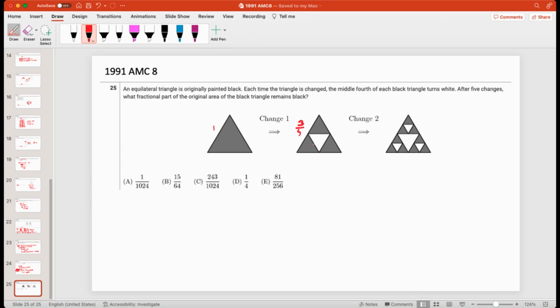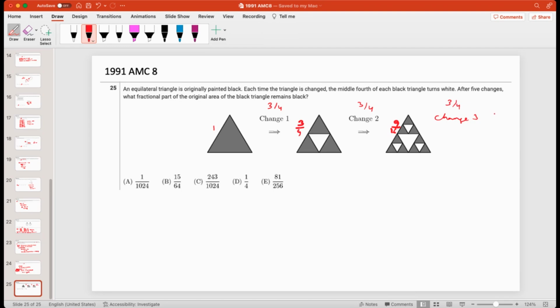Correct. Now the next one here, right? 3 by 4 of this, which is nothing but 9 by 16. So what is the change? Each change is 3 by 4. Now we have change 3, this will also be 3 by 4.